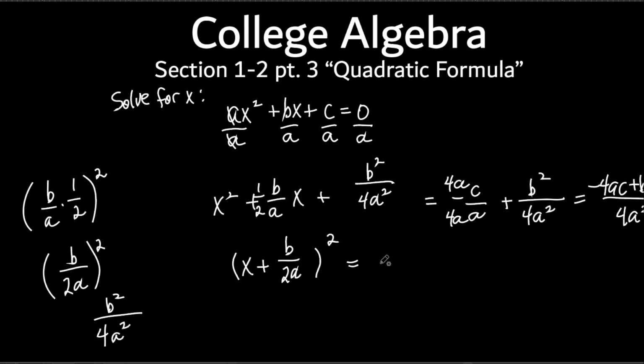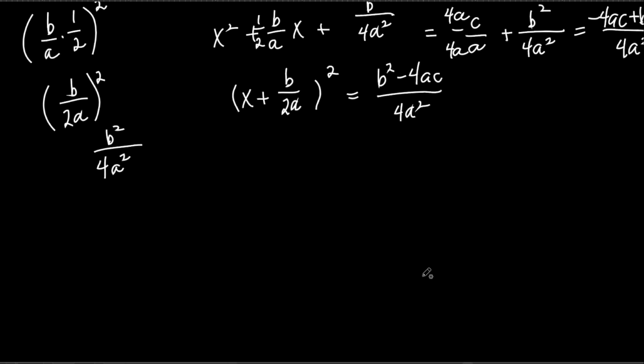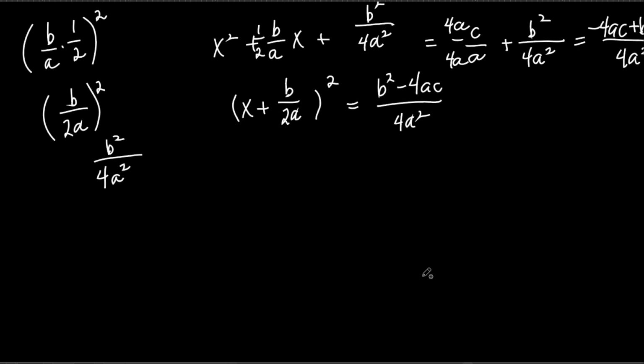All right, so I'm going to write this over 4a squared. Let's write this a little nicer. I don't like that b squared on the right, so let's put the b squared right here and then minus 4ac here. So all I did was just add those two fractions. That's all I did. I'll drop it down just a little bit. There we go. Close enough.